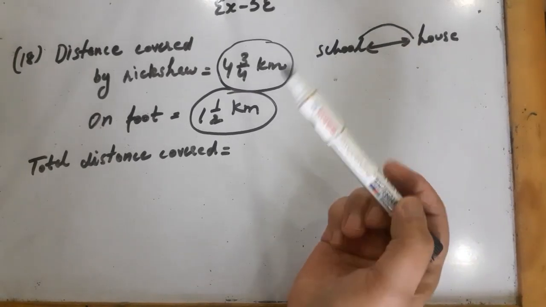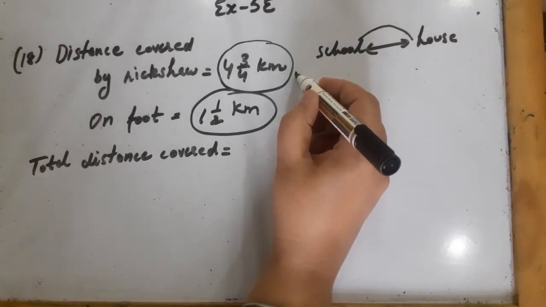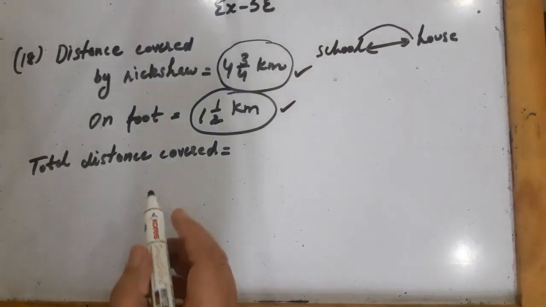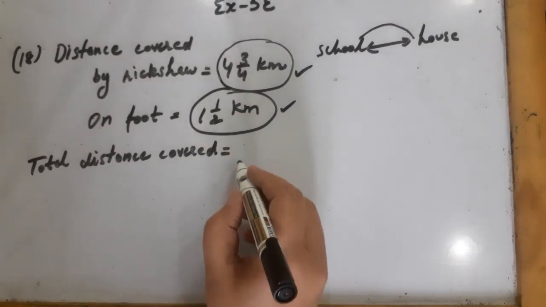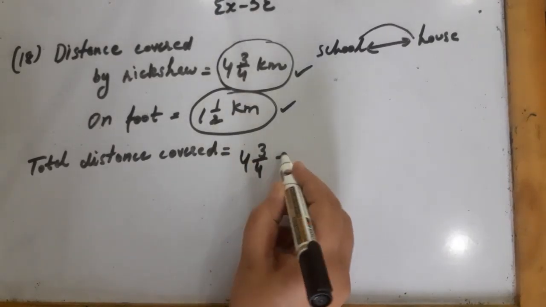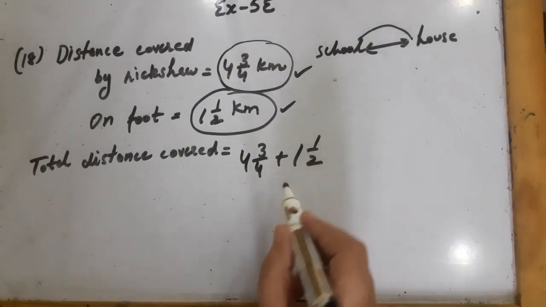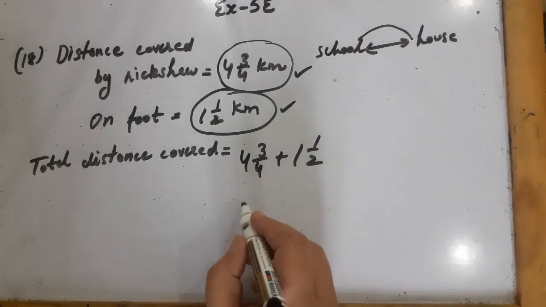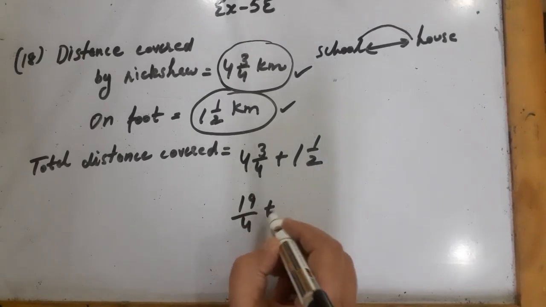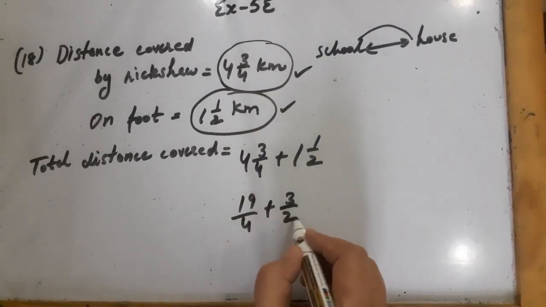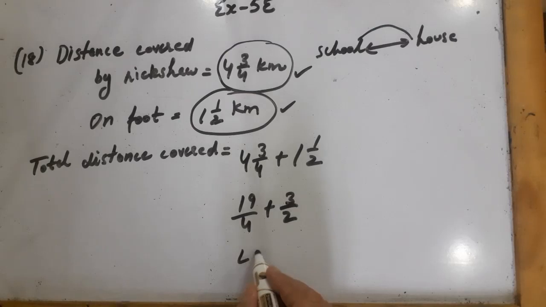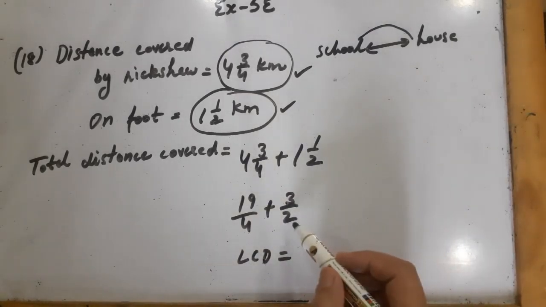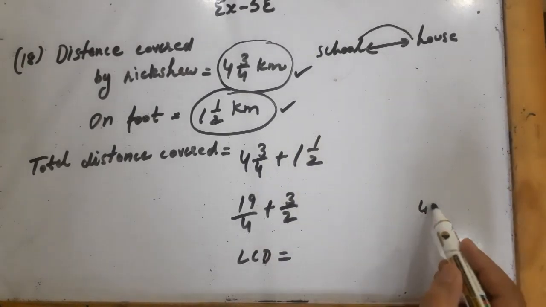So what I will do, I will add the distance which he covered on the rickshaw and on foot. So total distance covered. So I'll add both of them. So in order to add, first of all, convert the mixed fraction into an improper fraction. 4 4s are 16, 19 upon 4, plus 2 1s are 2 and 3 by 2. Now these are unlike fractions, so I'll take a common denominator for them. So say the table of 4, 4 1s are 4.